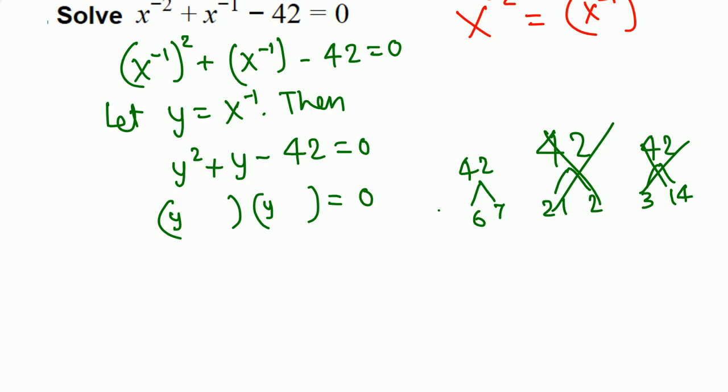Because we have negative 42, plus goes to 7 and minus to 6: y plus 7 and y minus 6, doesn't matter the order.